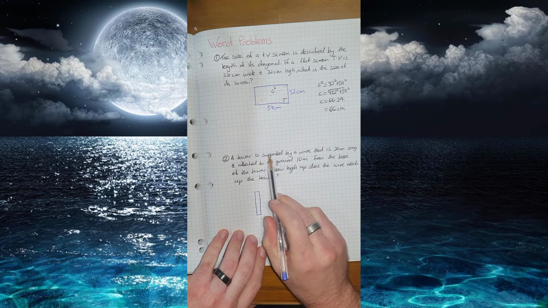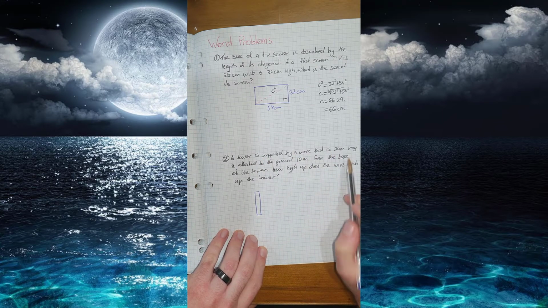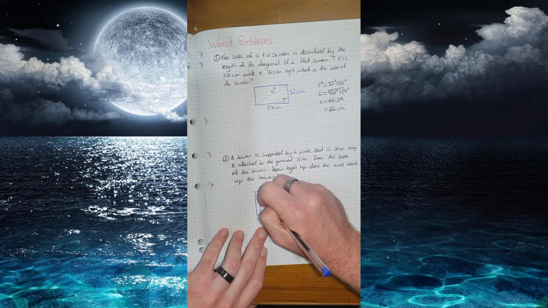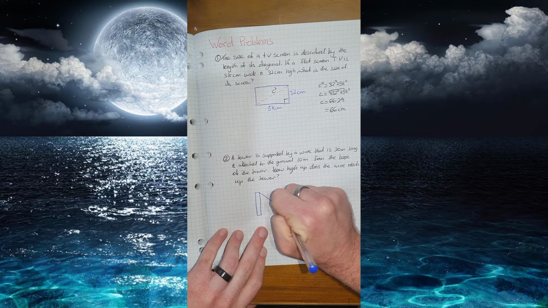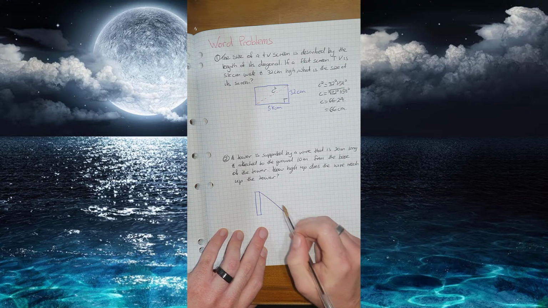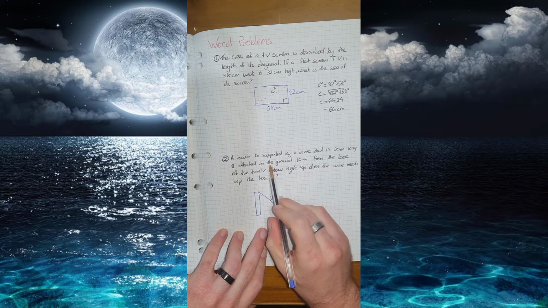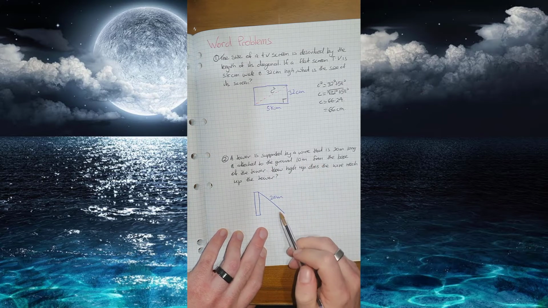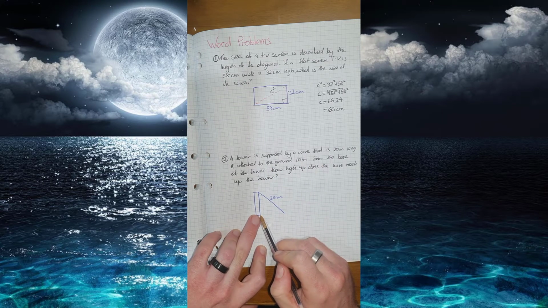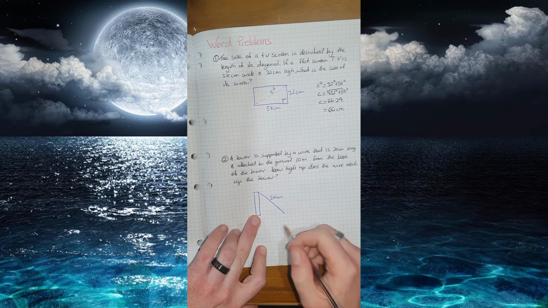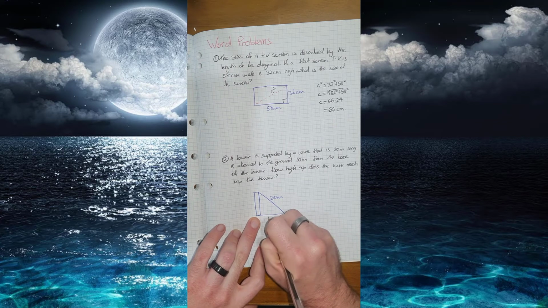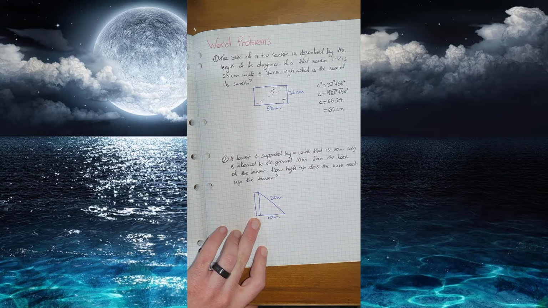A tower is supported by a wire that is 20 meters long. So we've got a tower, it's attached by a wire that's 20 meters. Now the wire is attached to the ground 10 meters from the base. So this is my base, the wire is attached there, this is going to be 10 meters.